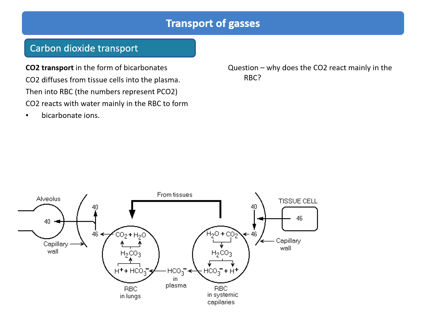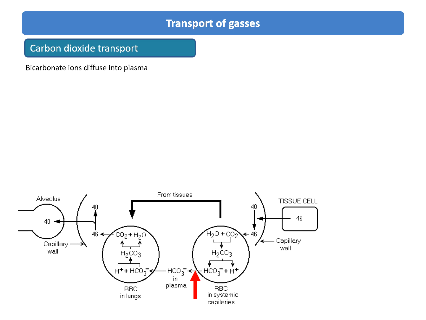Why does the carbon dioxide react mainly in the red blood cells? After all, the plasma contains water. Because the red blood cells contain the enzyme carbonic anhydrase that speeds the reaction.